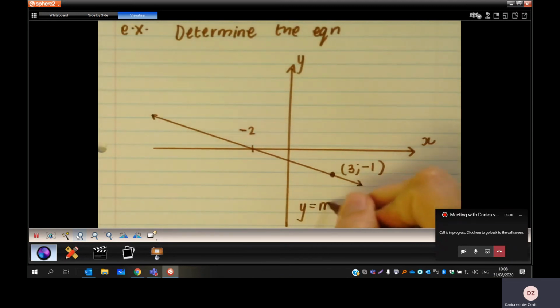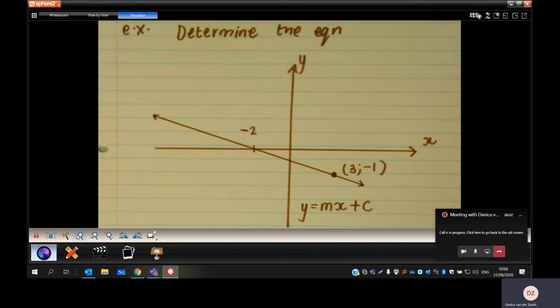I'm looking to make it equal y equals mx plus c. Just give me a moment.